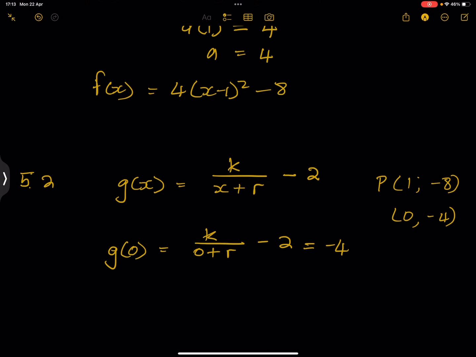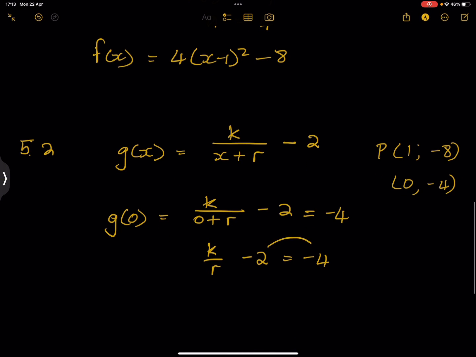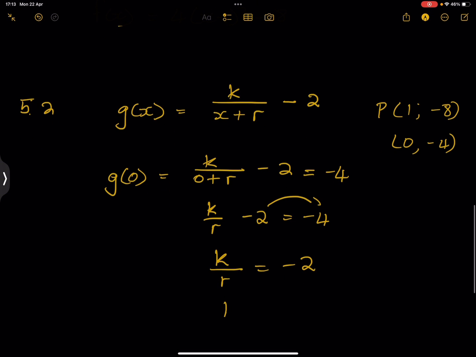So that means k over r minus 2 is equal to -4. If I take the 2 to the other side, it becomes positive, so k over r is equal to -4 plus 2, which gives us -2, so k is equal to -2r.